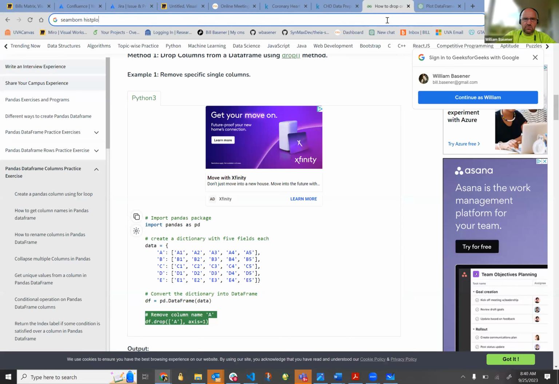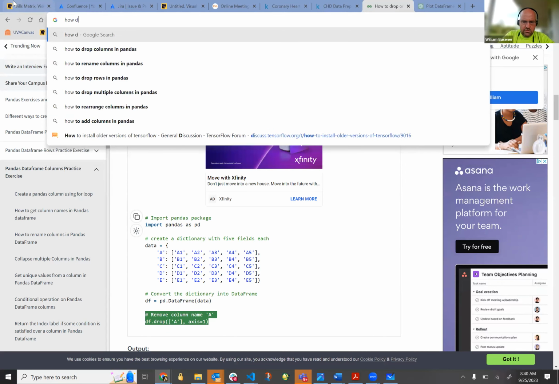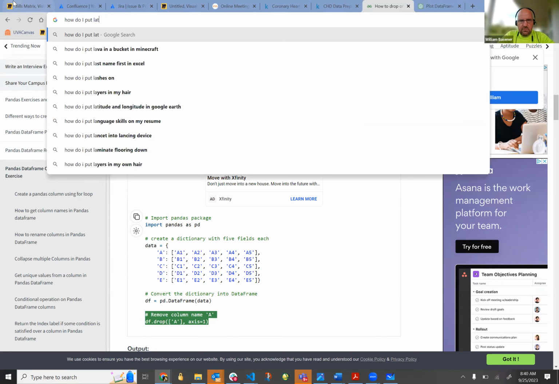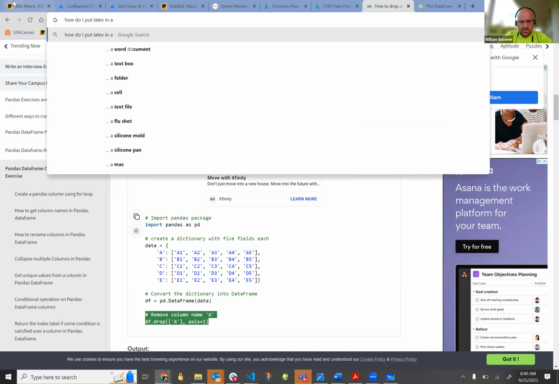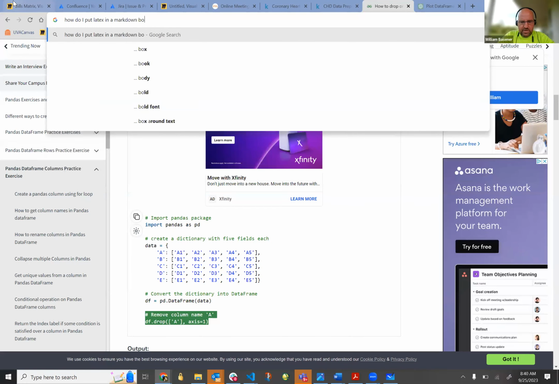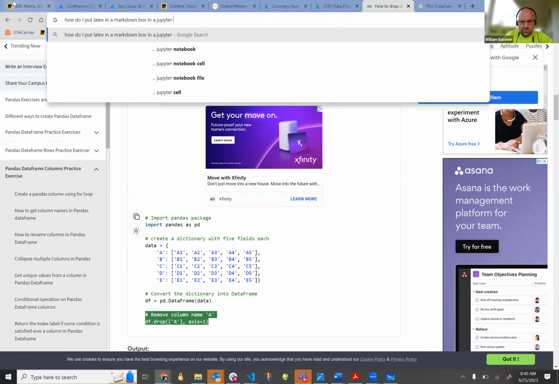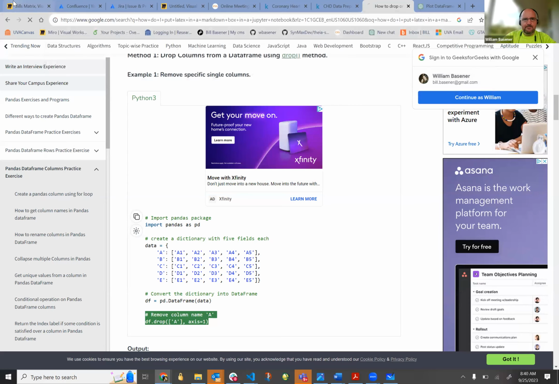So how do I put LaTeX in a markdown box in a Jupyter notebook?